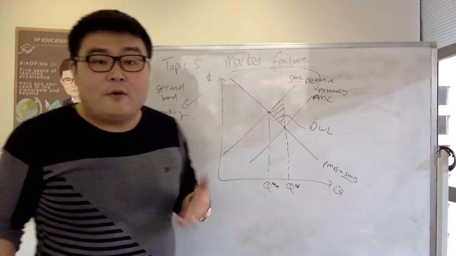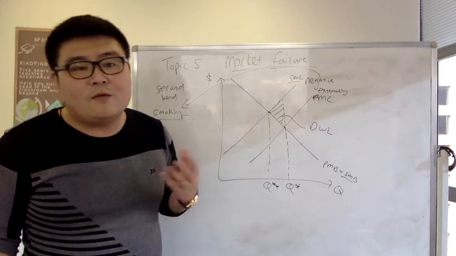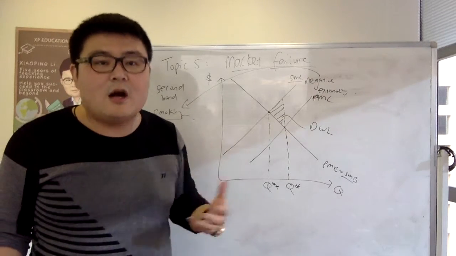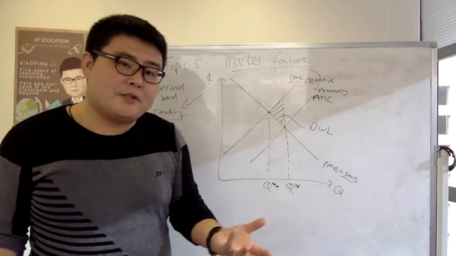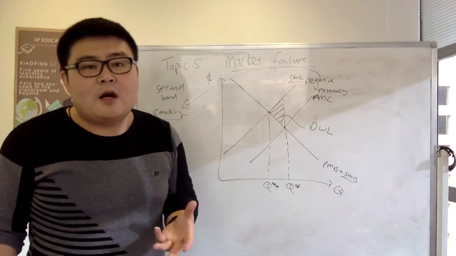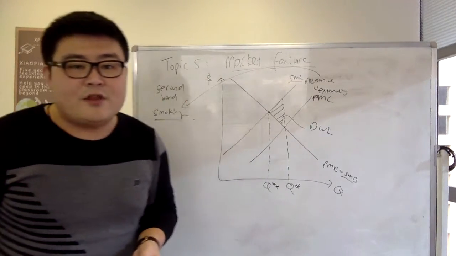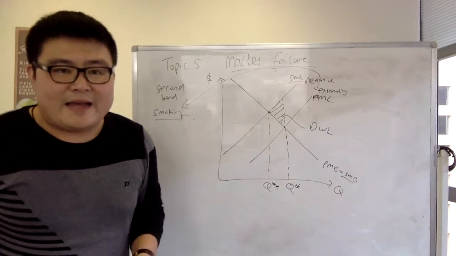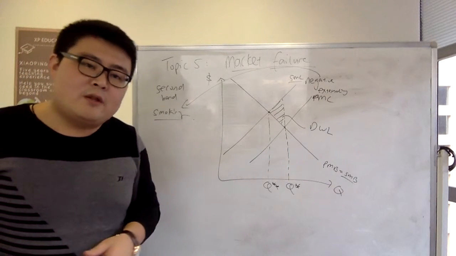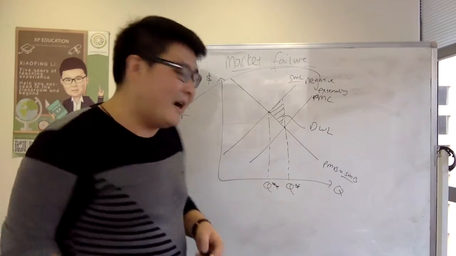Now, the decision for a smoker to take a cigarette obviously does not consider the cost that is borne by another person in the same room. So, because my decision does not involve the cost that is borne by others, it is often known as the negative externality.